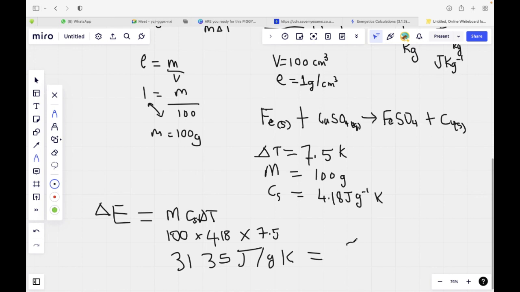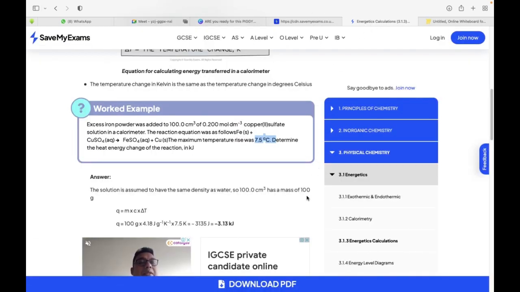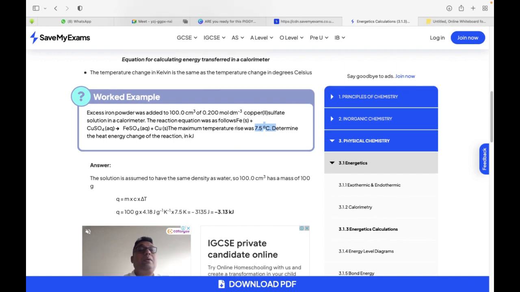So you divide by 1000 and it becomes 3.135 kilojoule per gram per Kelvin. So this will be your answer, okay? This is how we start solving questions. This is related to physics, so this is not an issue.